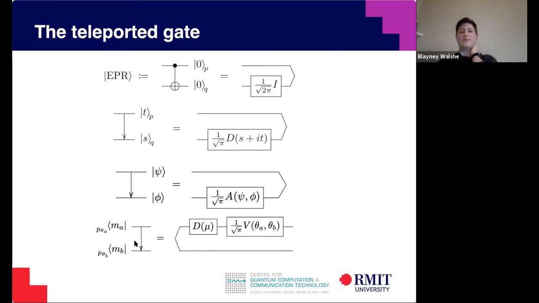So this is a measurement, but if we take the dagger of it, we imagine that they're states and use their wave functions in this A operator, we find that we have some operator that depends on theta A and theta B and a displacement.